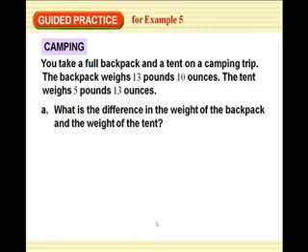Okay. So you take a full backpack and a tent on a camping trip. The backpack weighs 13 pounds 10 ounces. The tent weighs 5 pounds 13 ounces. What's the difference in the weight of the backpack and the weight of the tent? So 13 pounds 10 ounces and 5 pounds 13 ounces.